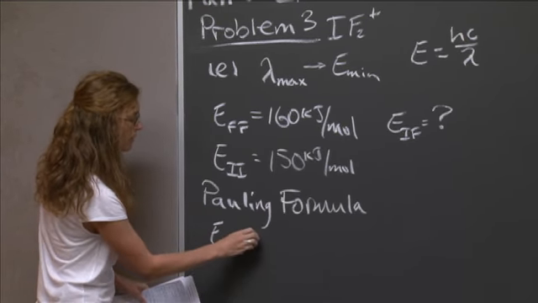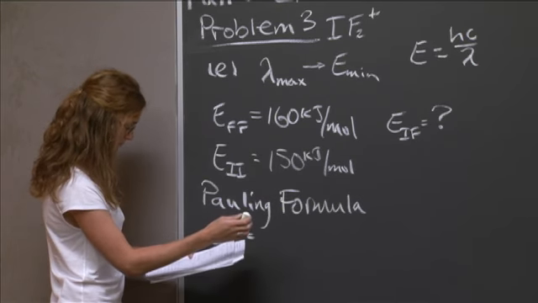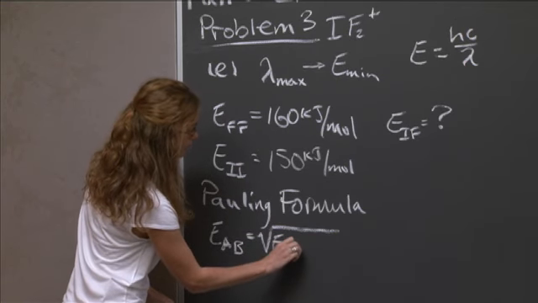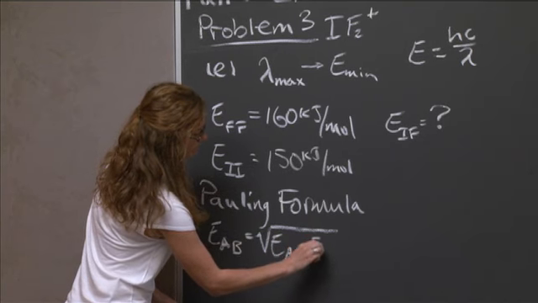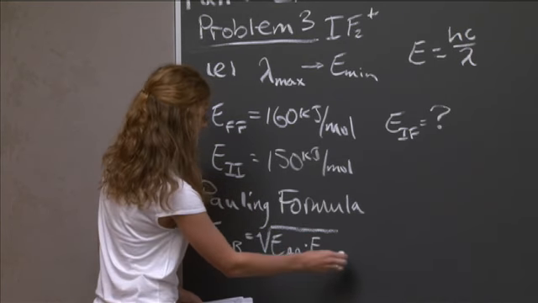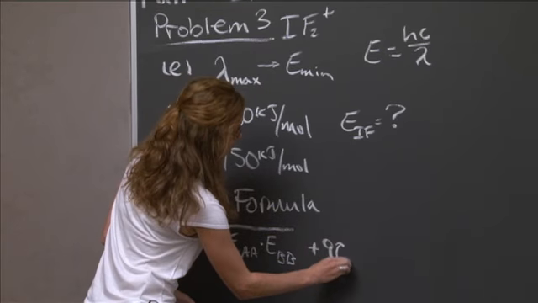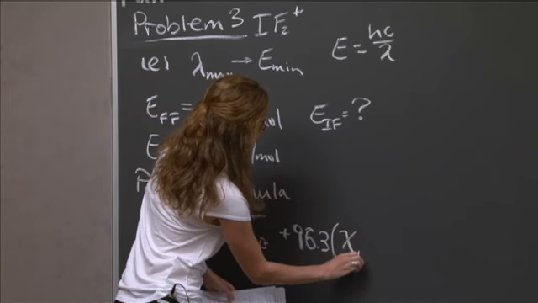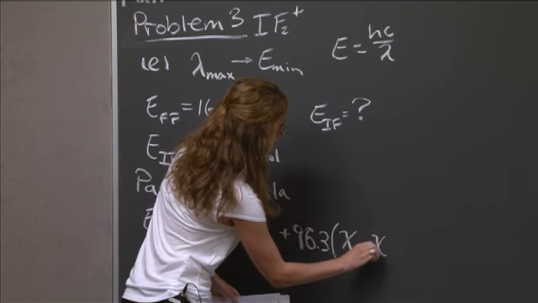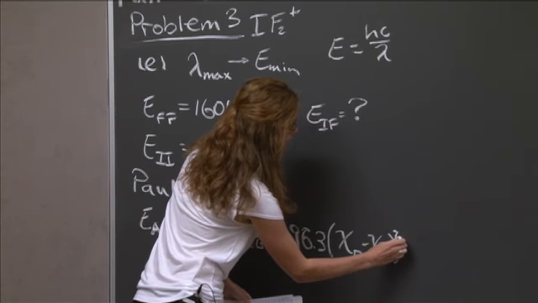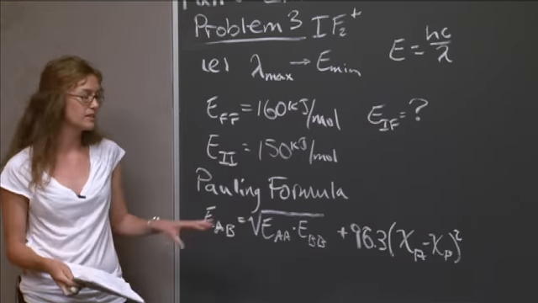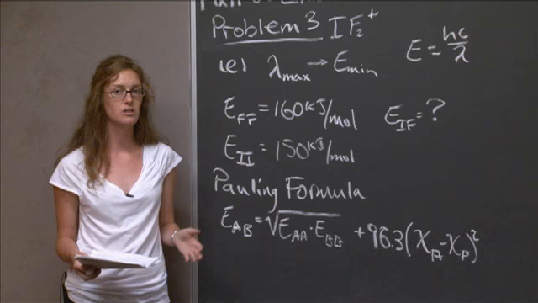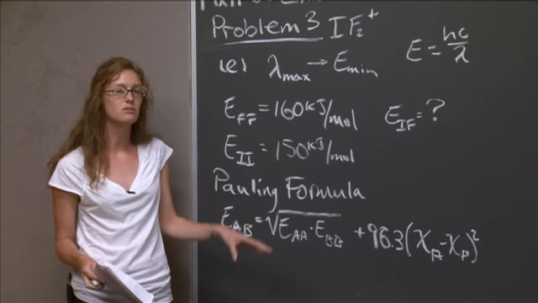The energy of an AB bond equals the square root of the product of the homogeneous bond energies plus a constant times the difference between the electronegativities squared. And I just said what all of these terms mean because even if you had this on your equation sheet in the test or something, a lot of people wrote this down and then used it incorrectly.